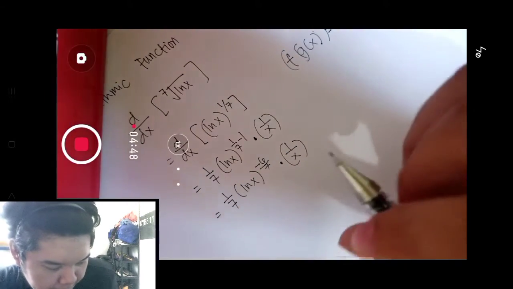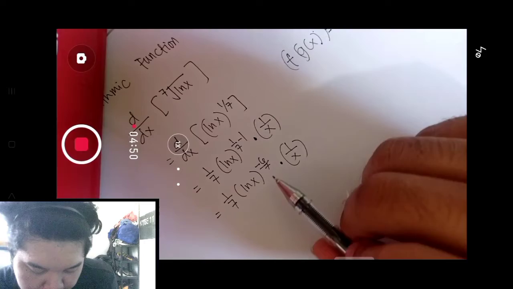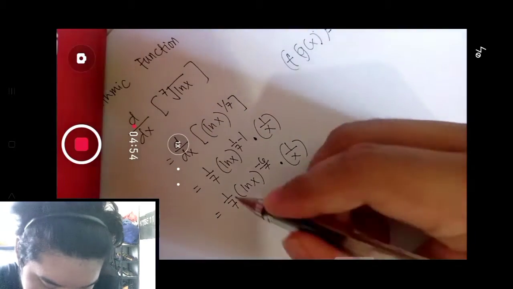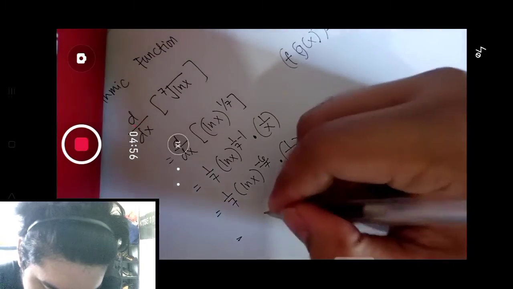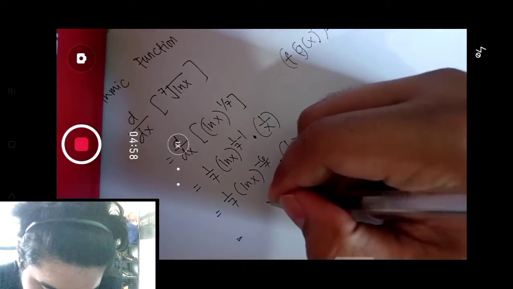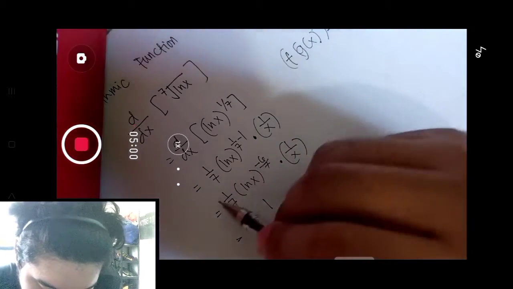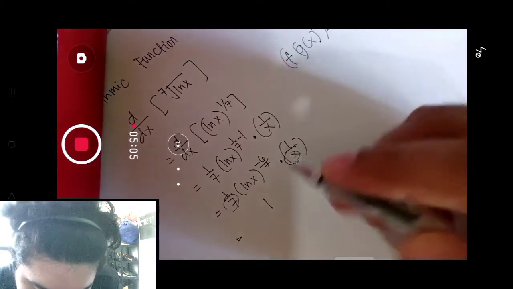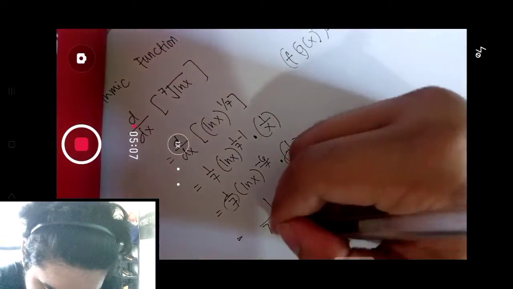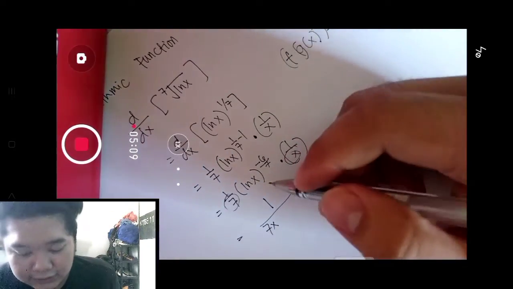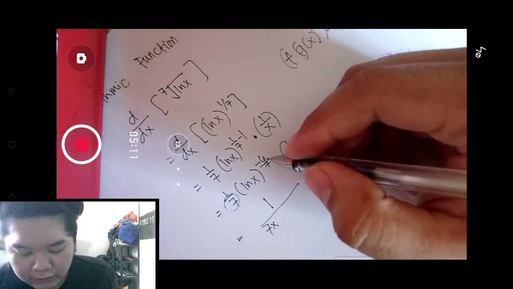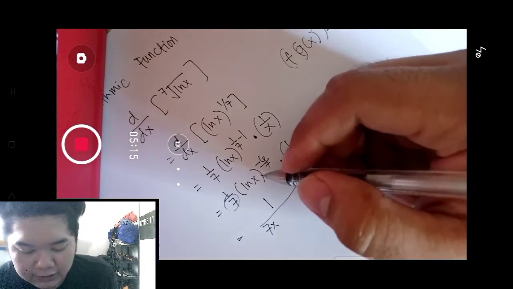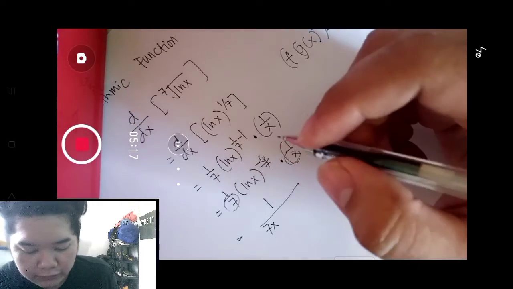After that, here is the answer: 1 on top, then 7x, combining 7 and x. The ln x has a negative exponent, so if we leave it on top it stays negative.